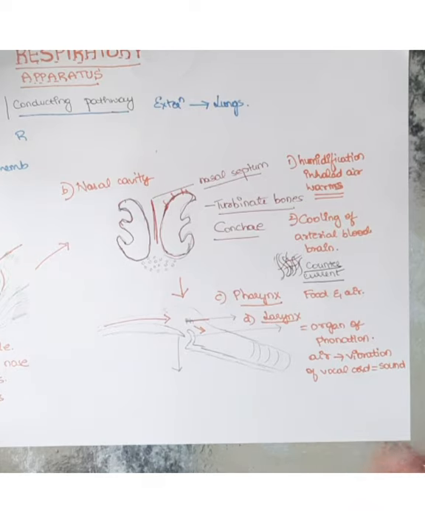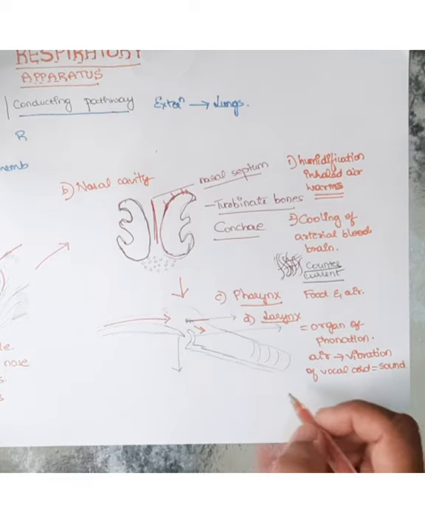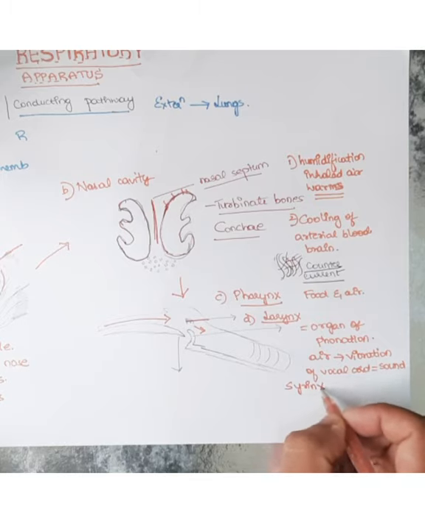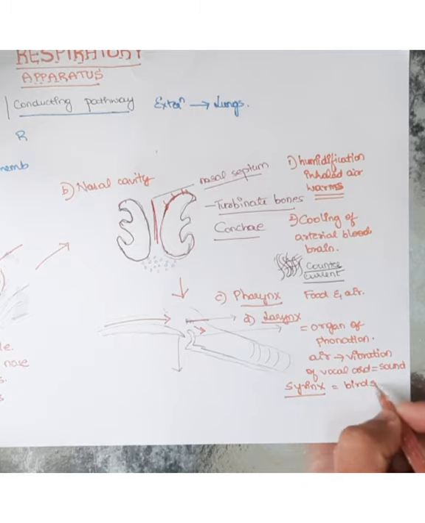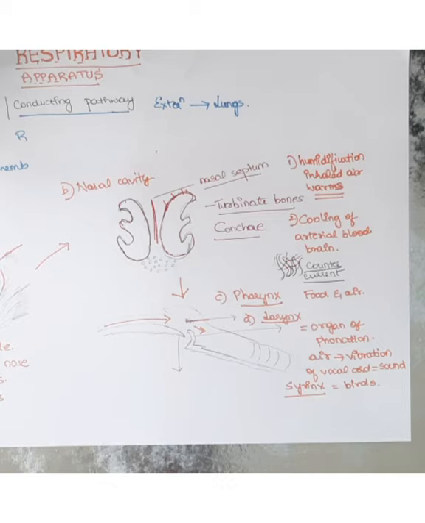Whereas in case of birds, the organ of phonation is the syrinx, which is located where the trachea divides to form the bronchi.